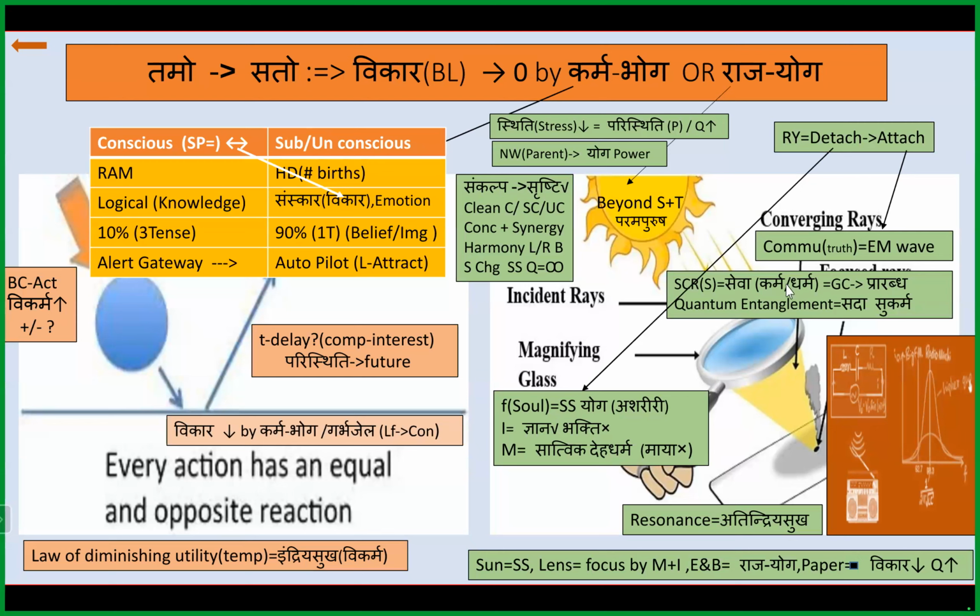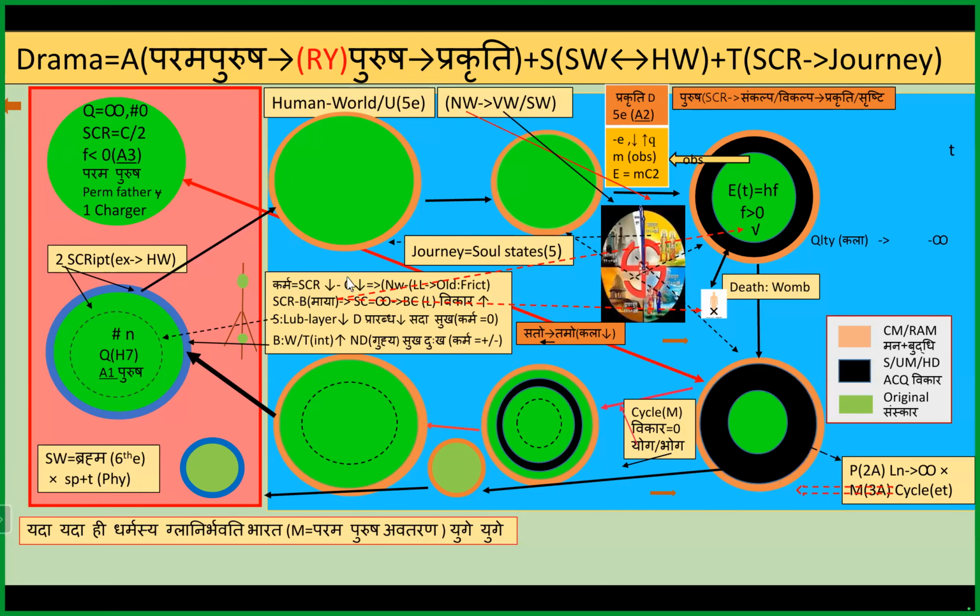So dharma becomes the karma, and that is the key of Raj Yoga. And we have seen that this Param Purush is a catalyst, so it will remove the vikar of the Purush.